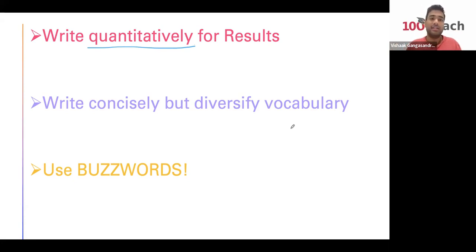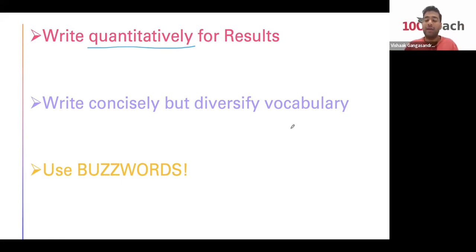For example, in the physics student experiment, if you realize that increasing the length of wire in a magnetic field increases the force it experiences, write that very clearly: when you increase the length of wire in a magnetic field, we observed that the force experienced by that wire increased by this amount when the length increased by this amount. That's what I mean by writing quantitatively and concisely.